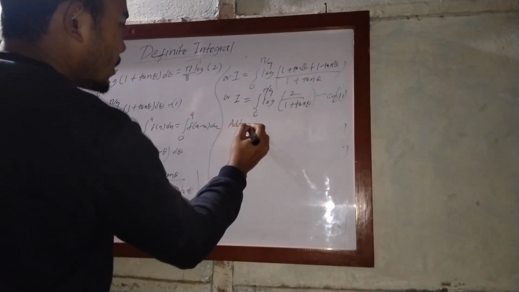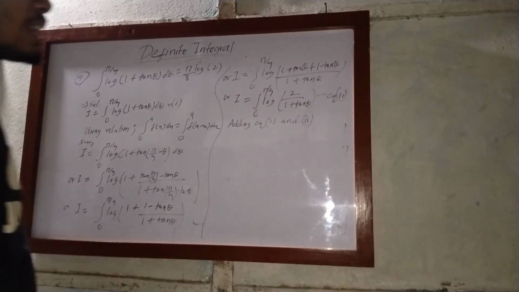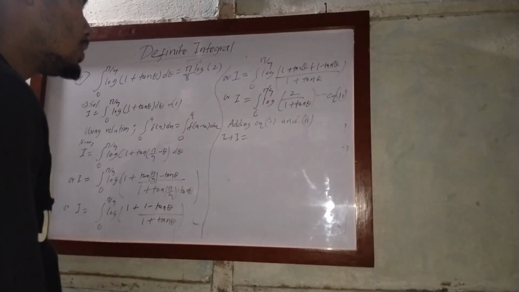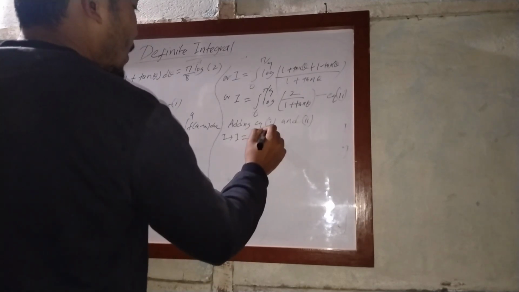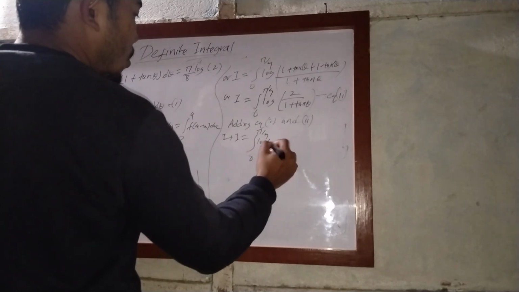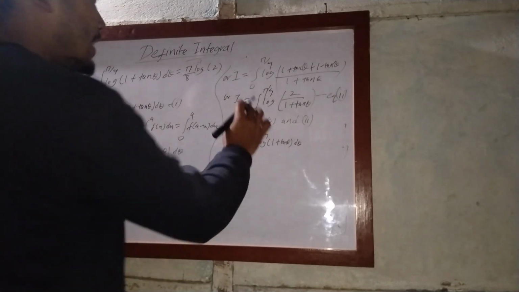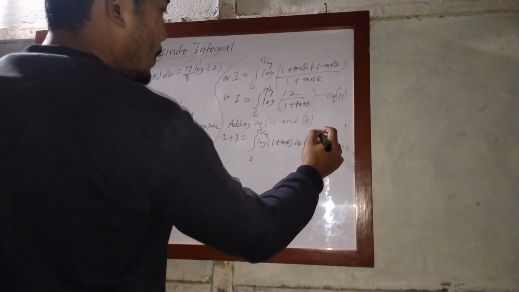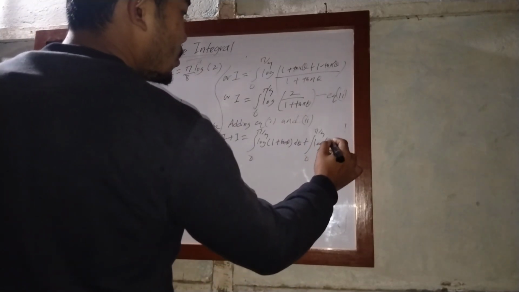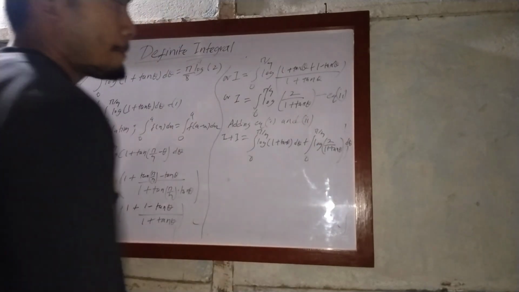Now add equation I and equation II. Adding equation I and II, what do we get? I plus I is equal to the integral from 0 to pi by 4 of log (1 plus tan theta) d theta, plus the integral from 0 to pi by 4 of log 2 by (1 plus tan theta) d theta.